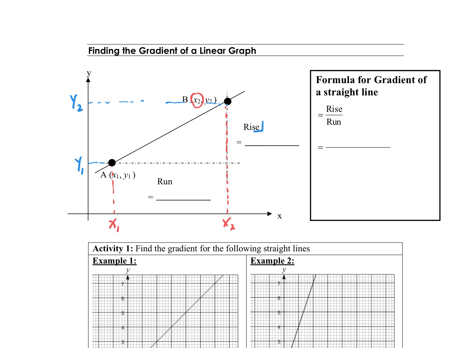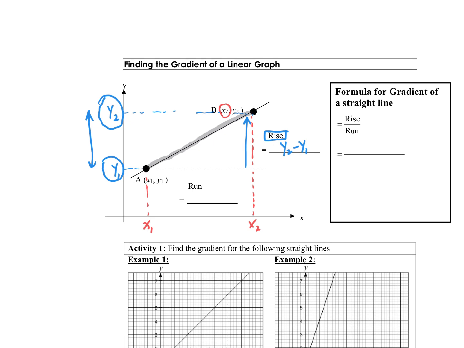So how do I calculate the rise of this line? I will use this one to subtract this. Then I can find how much it has risen up, right? So it's y2 take away y1. If it's difficult for you to see, then maybe you can imagine this is 5, this is 3. To find rise, you use 5 minus 3.